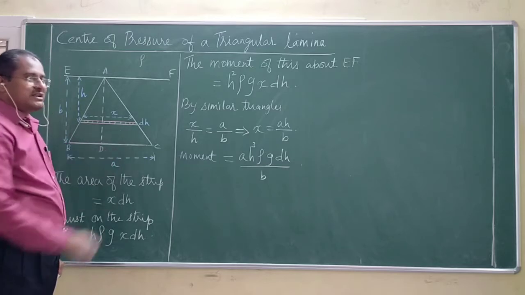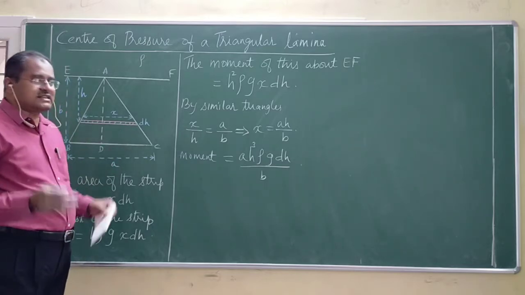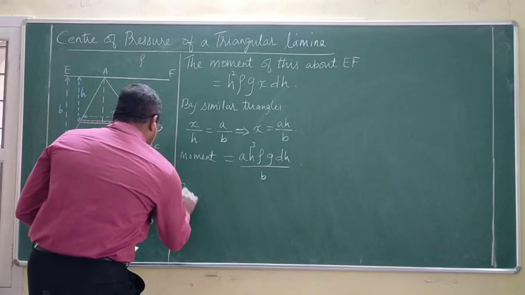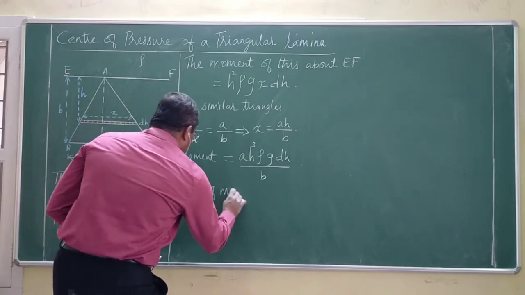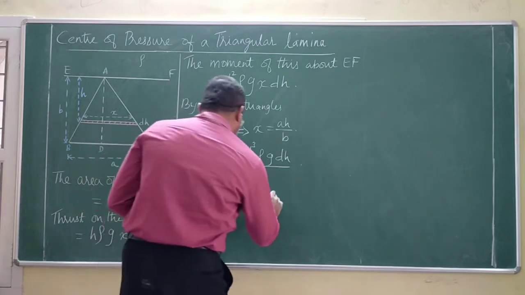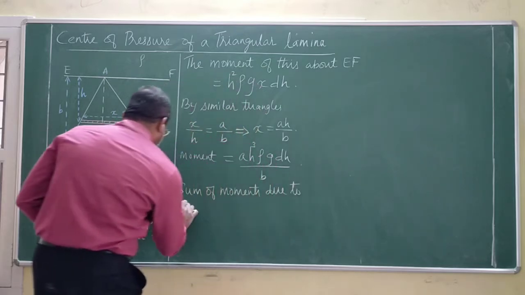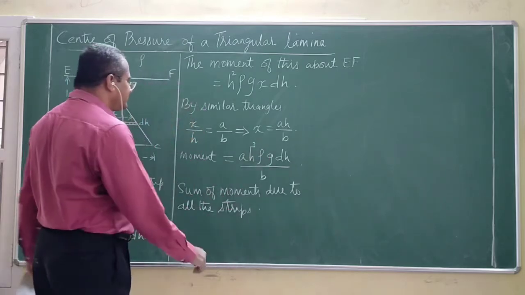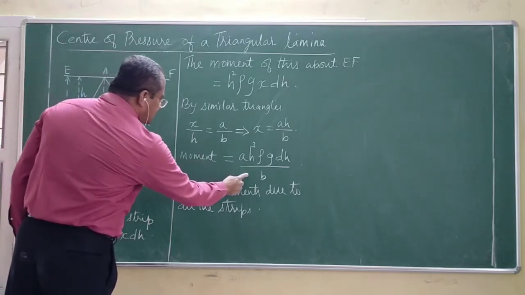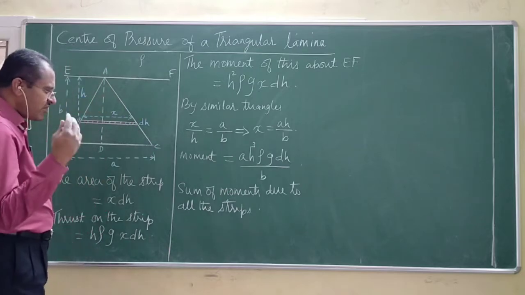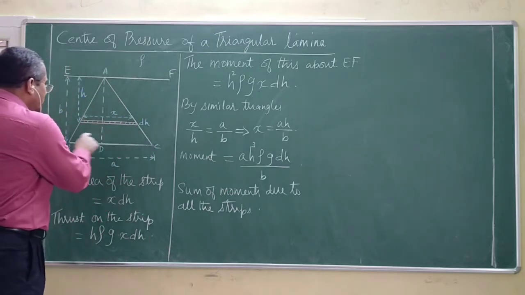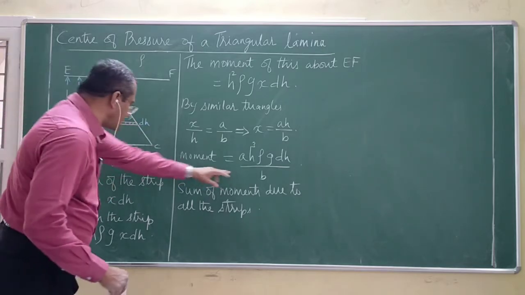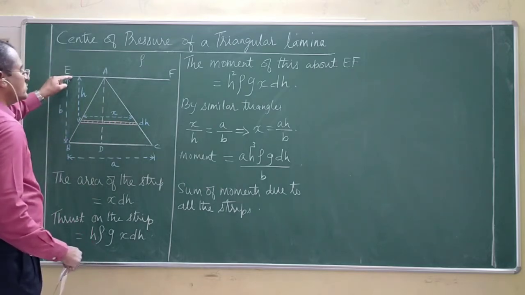Since we have divided this triangular lamina into a number of strips, we are interested in finding out the total or sum of moments due to all the strips. So, to find the sum of moments due to all such strips, I need to add the moment of all such strips, which means I have to integrate this expression from 0 to b.